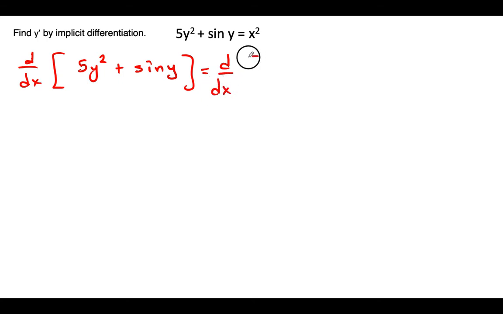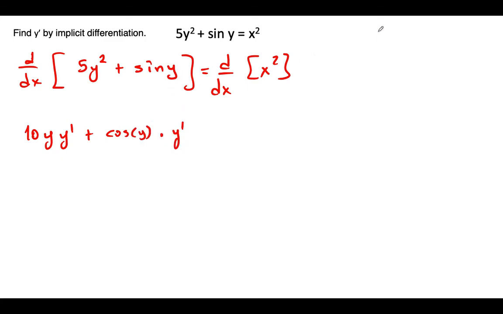Now for this question, what can I do? So d/dx of 5y squared plus sine of y equals d/dx of x squared. And then 5y squared will be 10y y prime, and derivative of sine of y will be cosine of y times derivative of the inside, y prime.